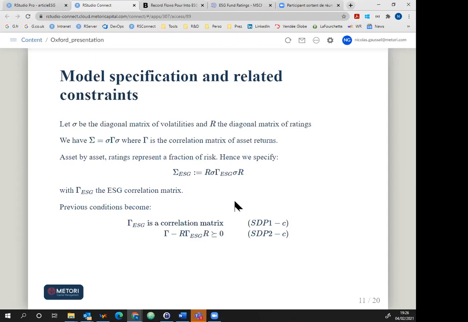The previous conditions become that gamma has to be a correlation matrix. A correlation matrix lives in a space which is not that natural, I would say: it is SDP plus one on the diagonal, so it's an intersection of two sets. And you also have this condition, where the difference between gamma, the correlation of returns, and R gamma_ESG R should also be positive definite.